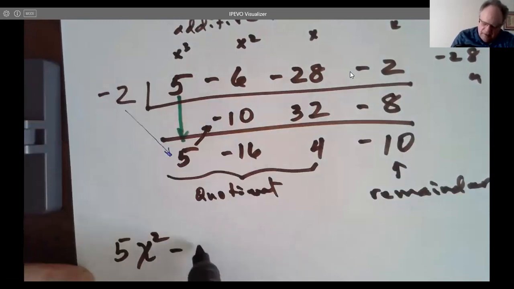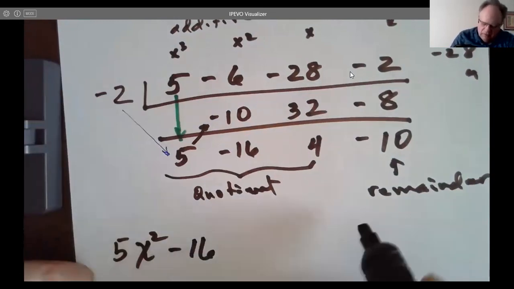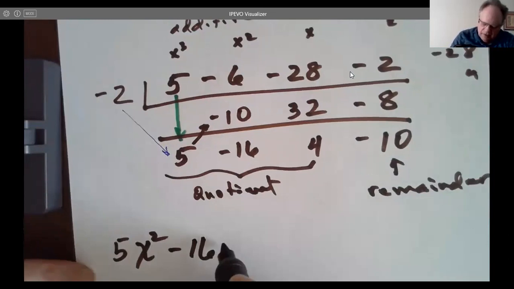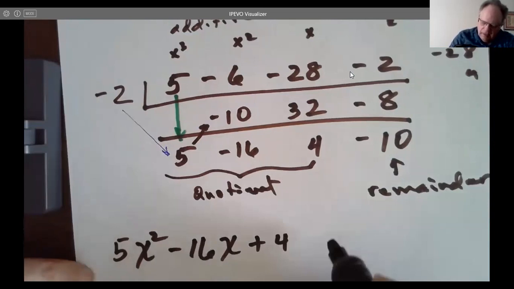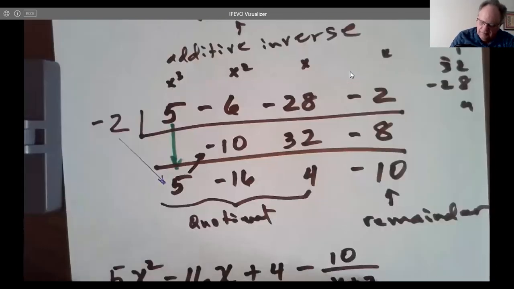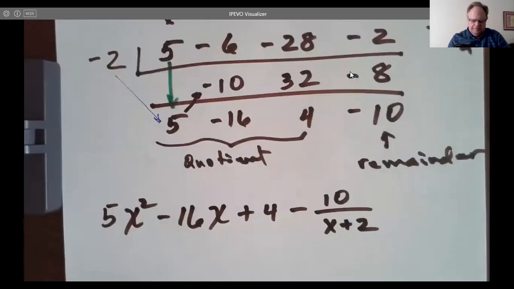Minus 16x, and you just keep going 1 lower for the x's. Plus 4. And now because this is a minus 10, it'll be minus 10 over your divisor, x plus 2. And that's your answer. Okay, any questions with that?